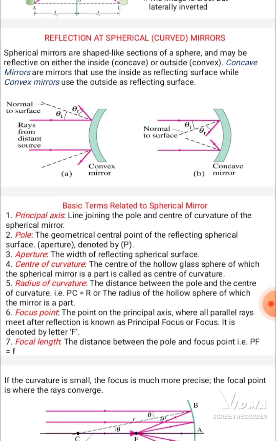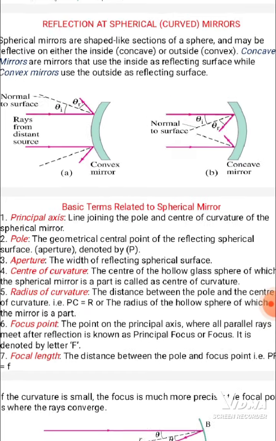So concave mirrors are mirrors that use the inside as their reflecting surfaces. And of course, convex mirrors use the outside as their reflecting surfaces. Take note of that. They are not exactly the same thing. So in the figure on this slide, you have a convex mirror.